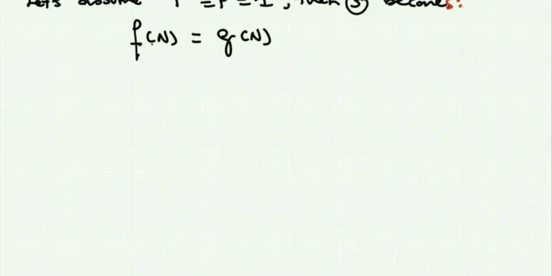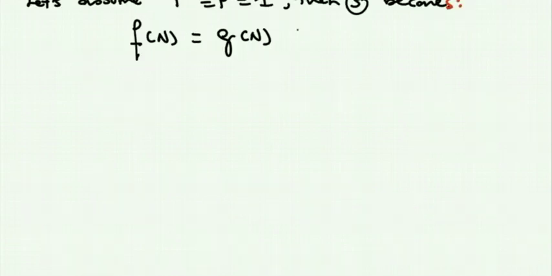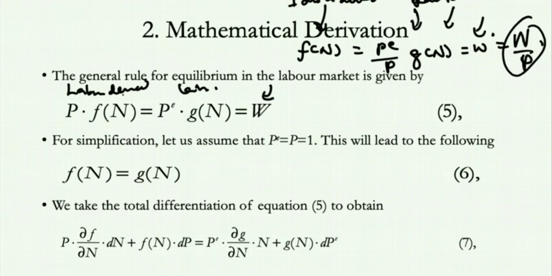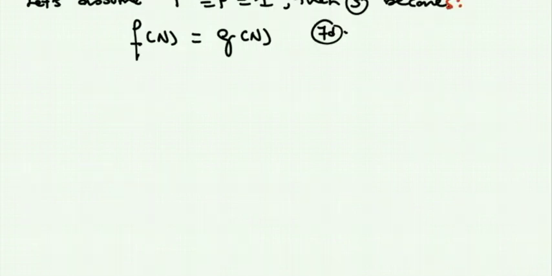Next, what we need to do here is, let's label this. Let me check here. We have 7C, so this one let's label as 7D. On the other hand, let's use 5 again. What we want to do with 5 is come up with the real wage markup.